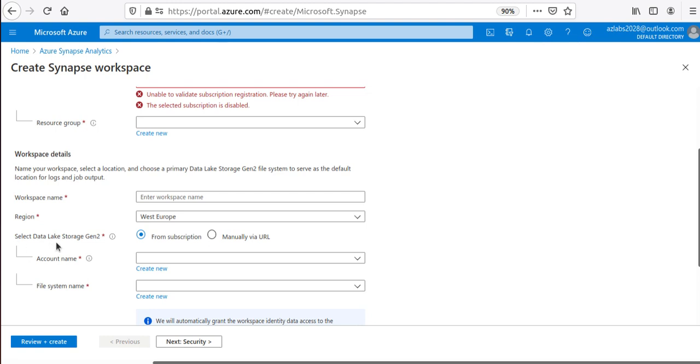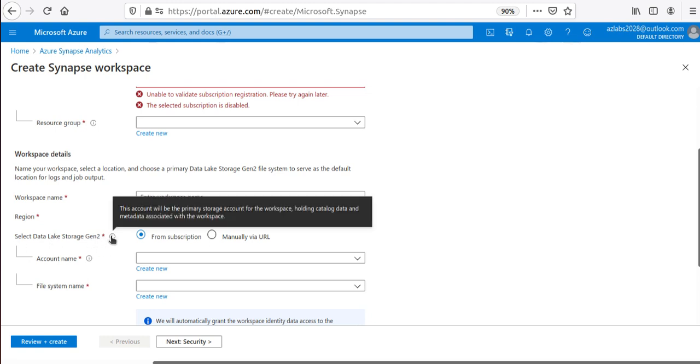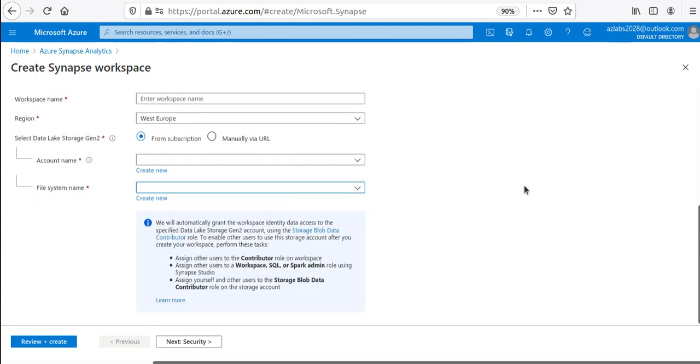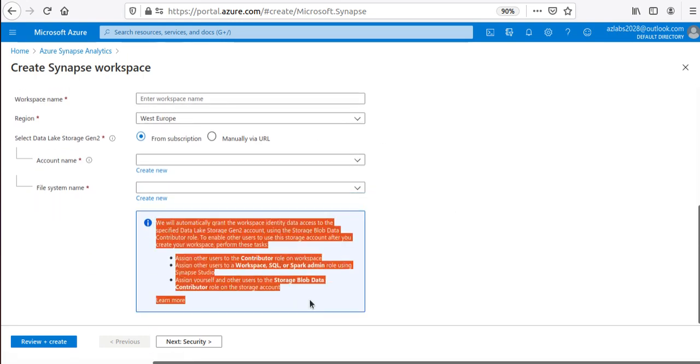The Data Lake Storage Gen2 is automatically selected. Then you have to assign your account name and a file system name, and here they're just telling you how Azure will automatically grant the workspace identity data access to the specific Data Lake Storage Gen2.